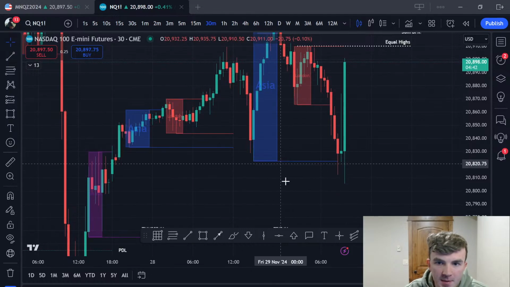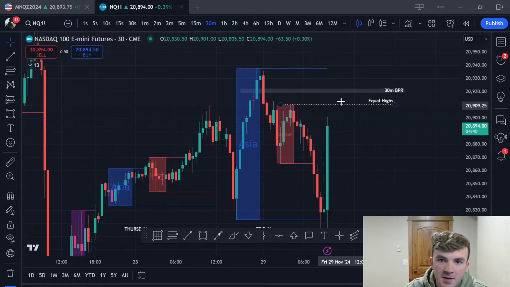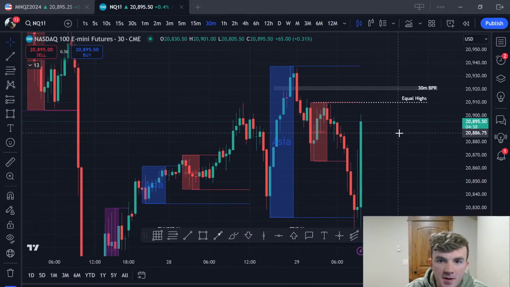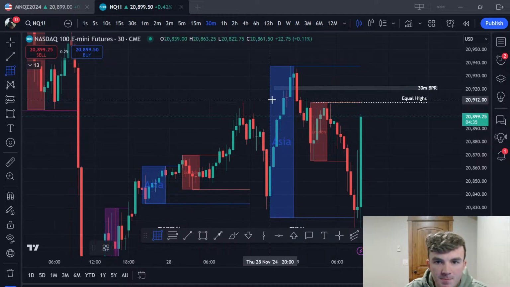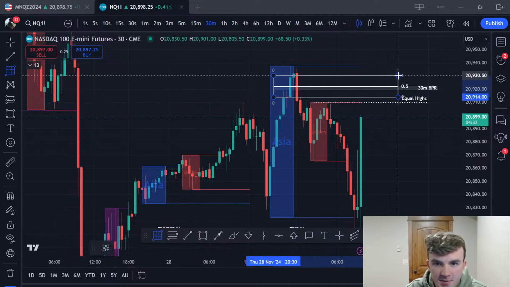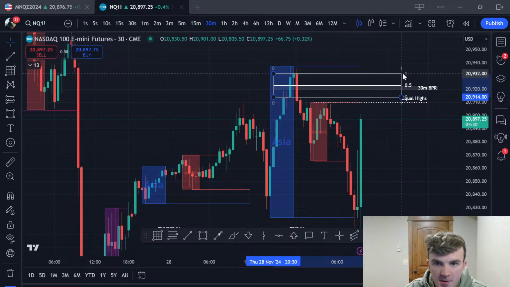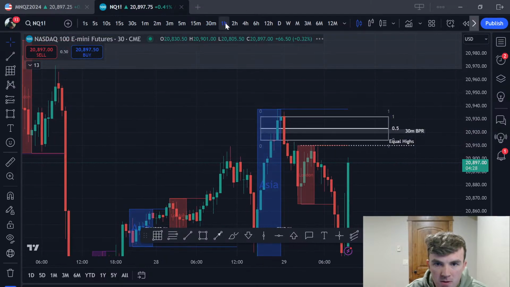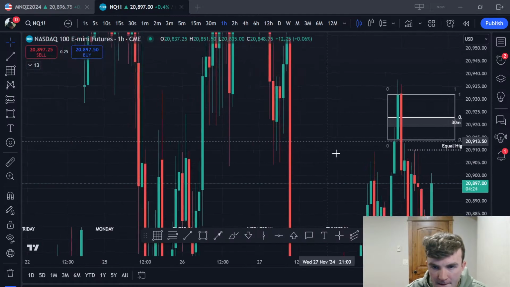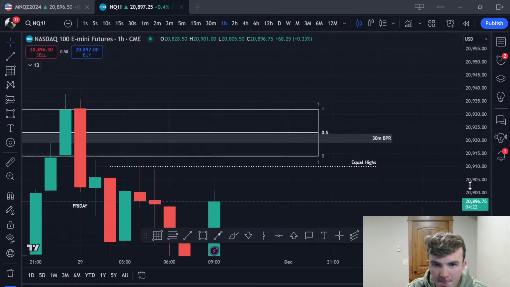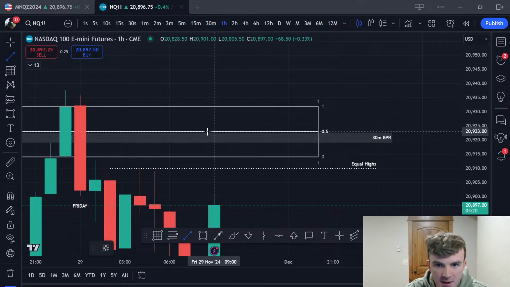You can see how we swept out Asia's lows. And we have equal highs here. We have the mean threshold of this order block. I think we could get up to here.